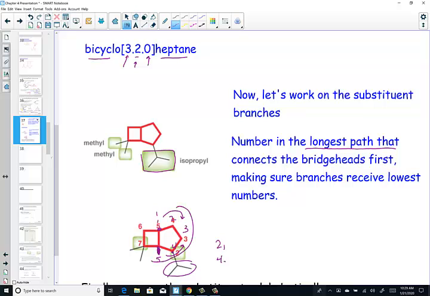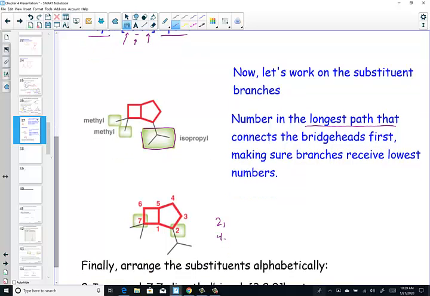So we have to number the longest pathway first and then decide to count clockwise or counterclockwise to make sure that the pathway gives you the lowest number on the first branch. Now we go around the longest first, and we found that at carbon 2 we had an isopropyl.